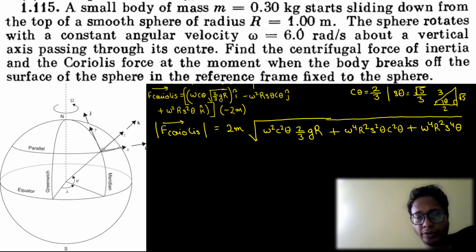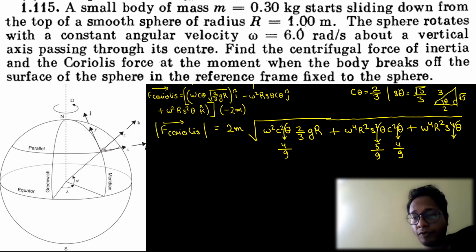Now let's substitute. If cos theta is equal to 2 by 3, what is cos square theta? Cos square theta is nothing but 4 by 9. Similarly, out here, sine theta is root 5 by 3, so sine square theta would be 5 by 9. Similarly, cos square theta is 4 by 9.